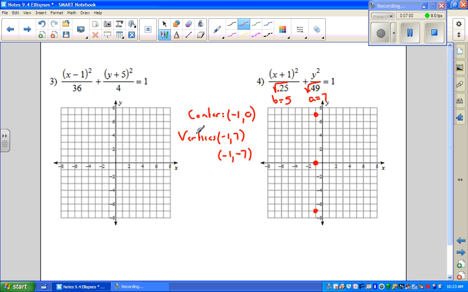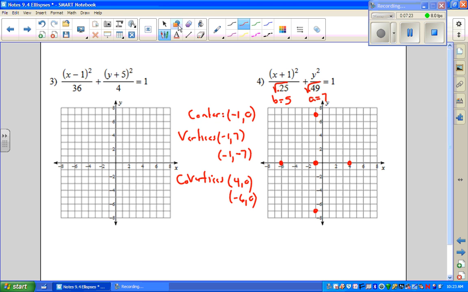Okay? My co-vertices, when I took the square root of my b value, it was equal to 5. So I'm going to go 1, 2, 3, 4, 5. And I'm going to go 1, 2, 3, 4, 5. So that's going to be an ordered pair of 4 comma 0. And you also have negative 6 comma 0.